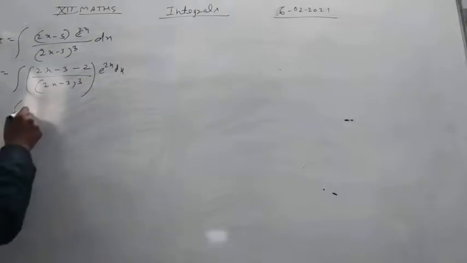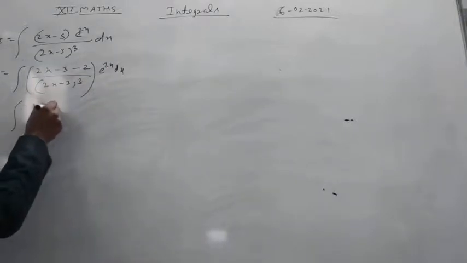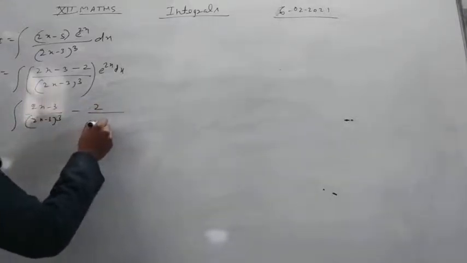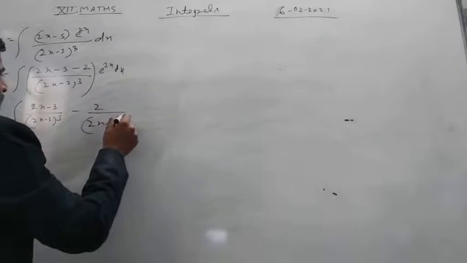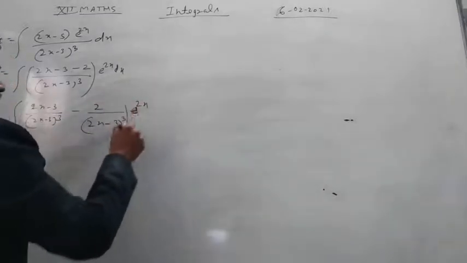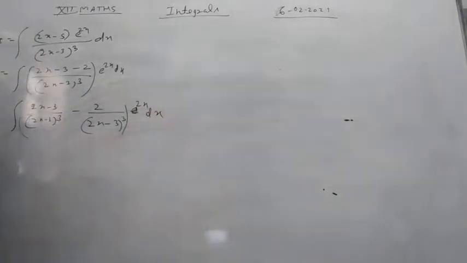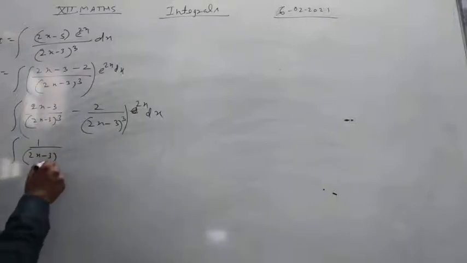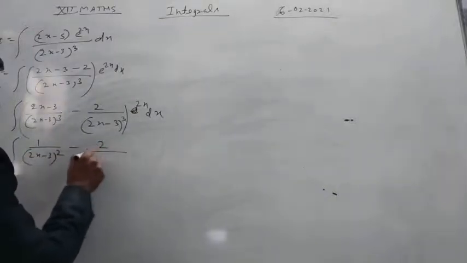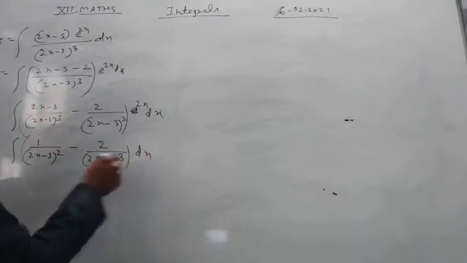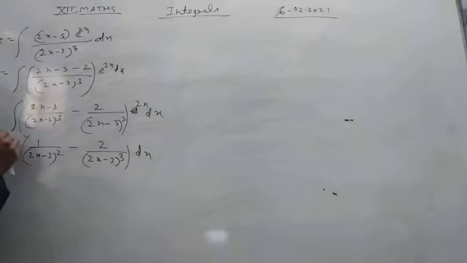So I students, (2x minus 3) by (2x minus 3) whole cube minus 2 by (2x minus 3) whole cube, e to the power 2x dx. This means I is 1 by (2x minus 3) whole square minus 2 by (2x minus 3) whole cube, dx, and here we can write e to the power 2x.